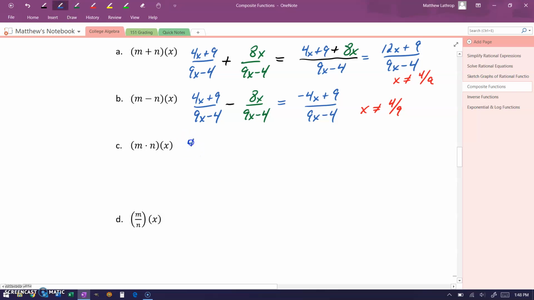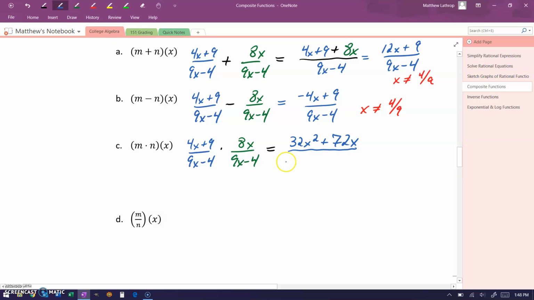In part C, we're going to take the product of these two rational functions. There's nothing that will cancel here, so we can simply multiply straight across and distribute. We'll take 8x times that quantity 4x plus 9 to give us 32x squared plus 72x.